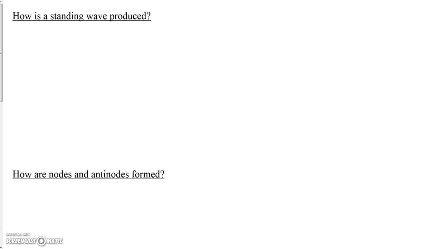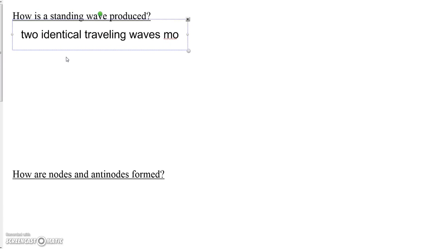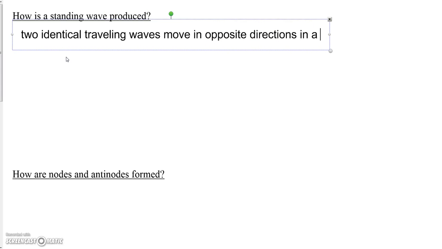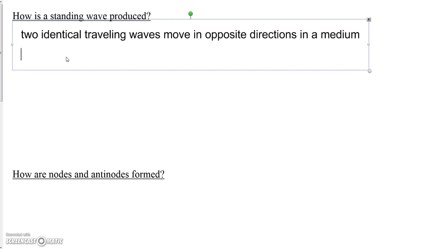Okay, so how is a standing wave produced? Well, that's what we saw in the video. The standing wave is actually the resultant of two traveling waves. So let's say, here's how it's produced. Two identical traveling waves move in opposite directions in a medium. That's the first ideal, right?